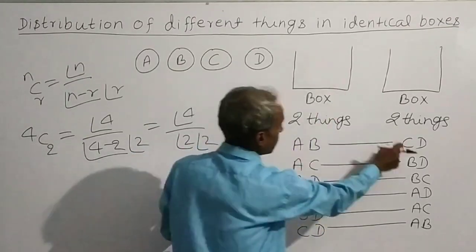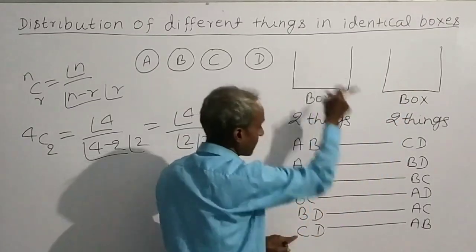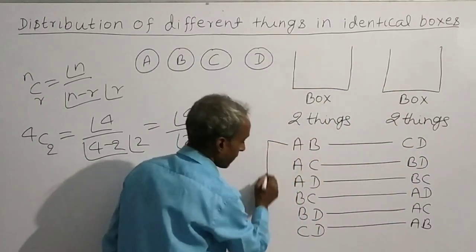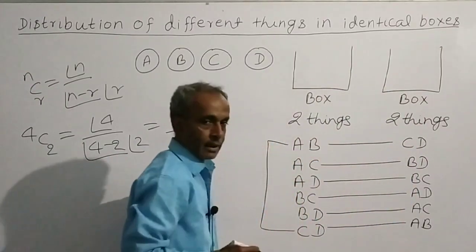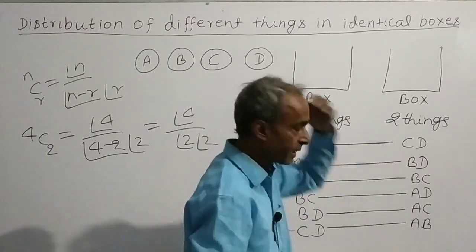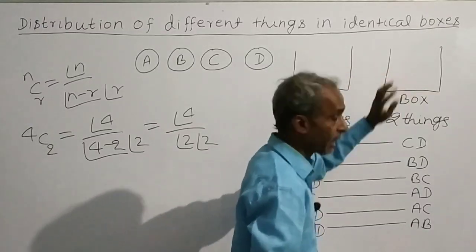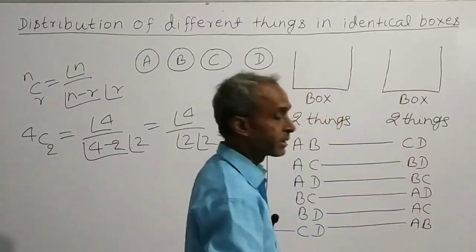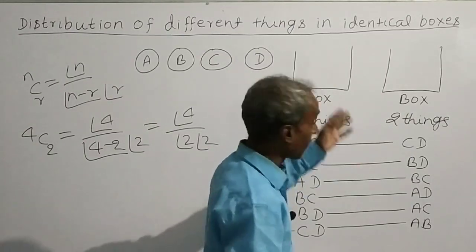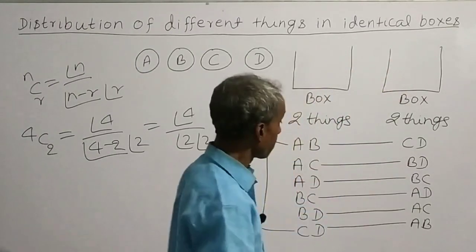AB inside this and CD inside this, and here CD inside this and AB inside this. This is similar. This is the situation as if these 2 boxes have been arranged among themselves, and we are not allowed to arrange these boxes among themselves.